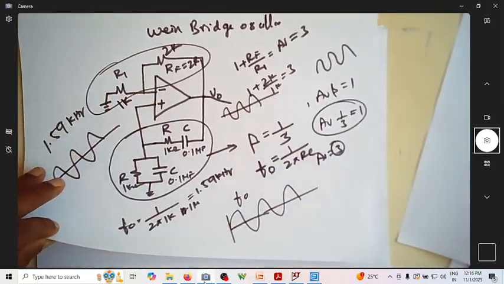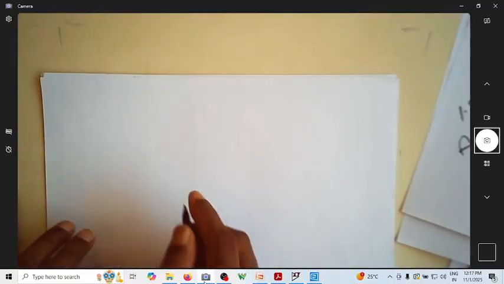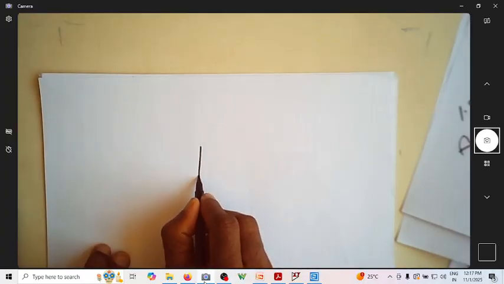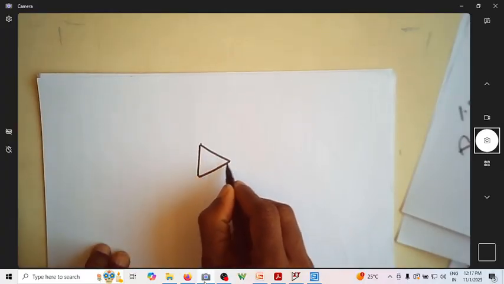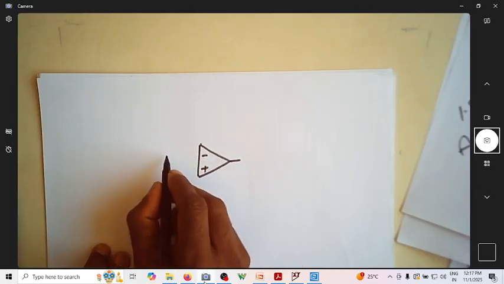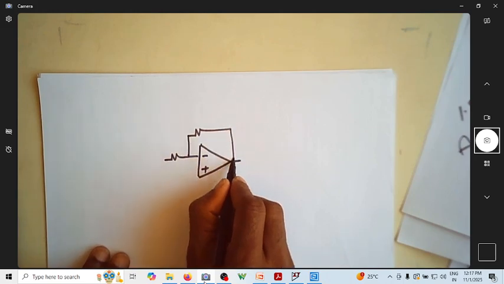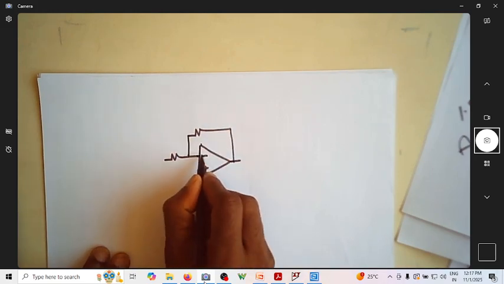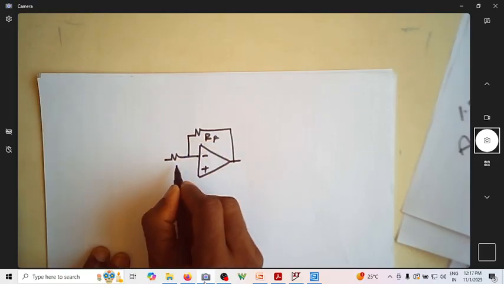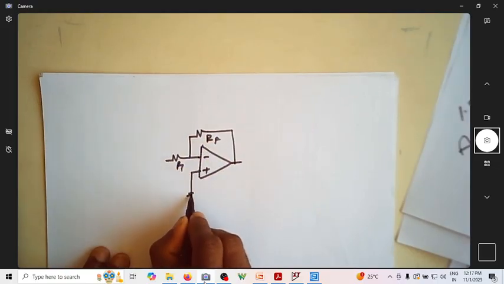So we have one more such oscillator where we are able to get the oscillations. It is again using the op-amp. This is what you have: minus, plus. You will have a negative feedback again applied. This actually means negative feedback because you are applying it to the inverting terminal. This is RF, R1. This is now grounded.